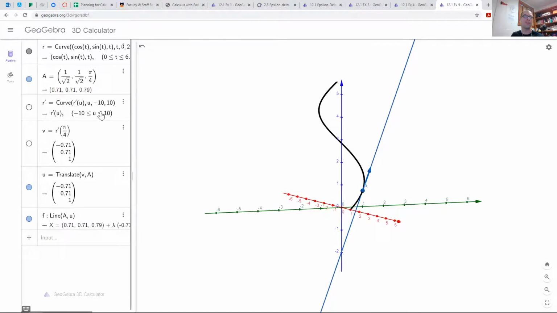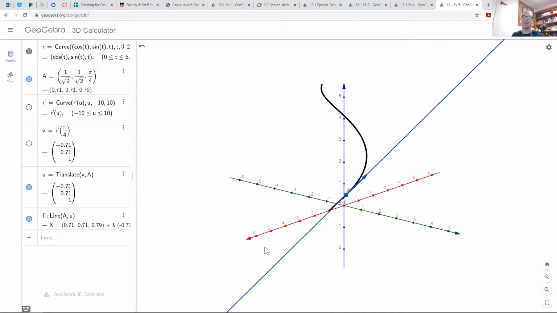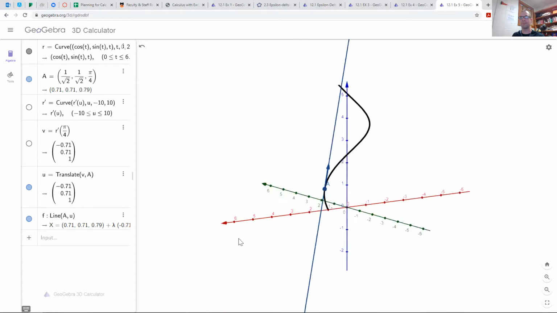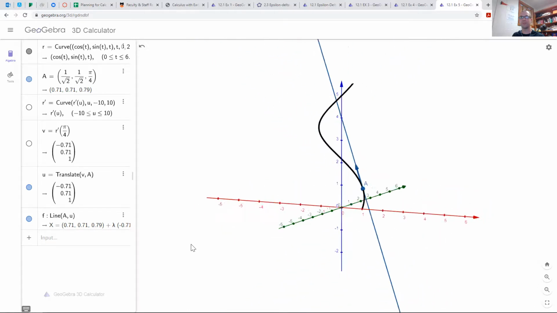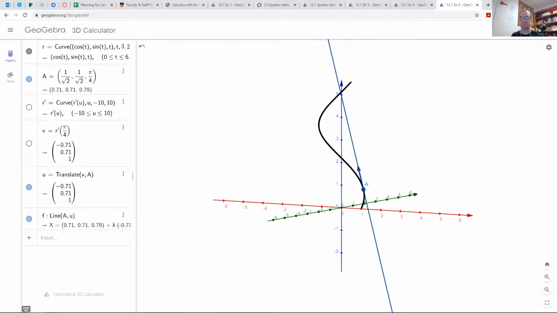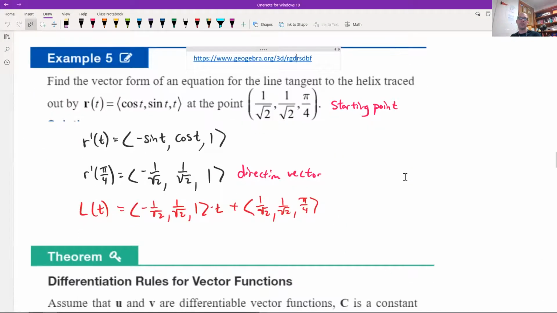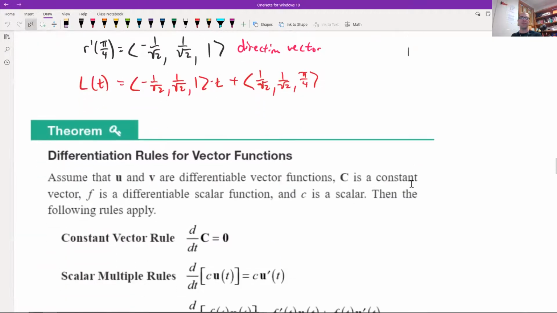And yeah, all I did was evaluate the derivative at pi fourths to get our direction vector. And that's exactly what we had before. So that gives us the direction of the line. And there we have a tangent line. Pretty cool. All right, so that's example 5.